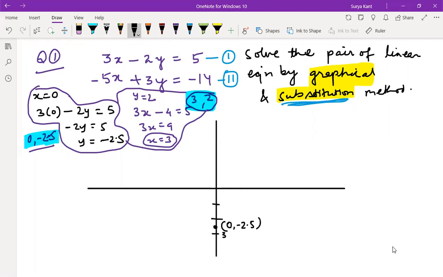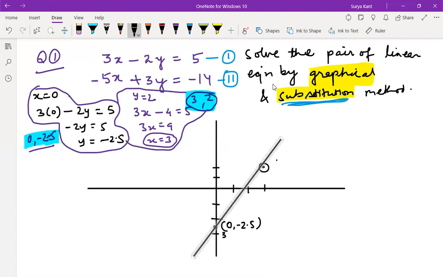And next, if x is equal to 3, y is equal to 2. X equal to 3 means 1, 2, 3. X equal to 3, y equal to 2. We just put a point here. Right, Charan, you understood? We are getting 2 points over here and we have to match them. So here you have to join like this.